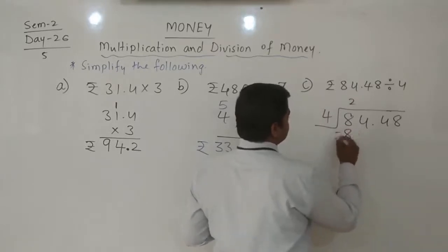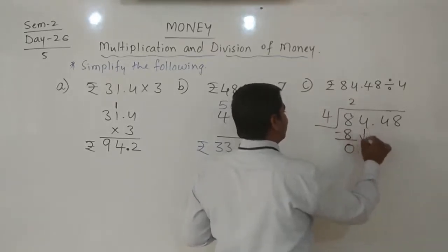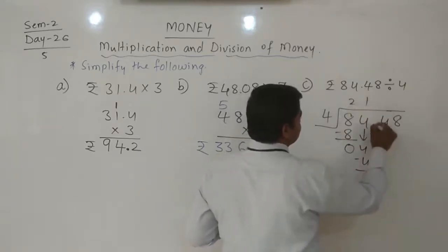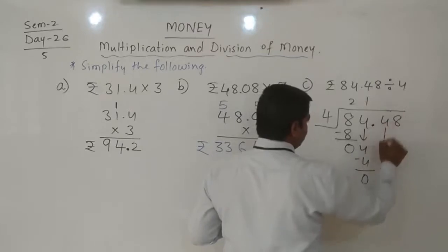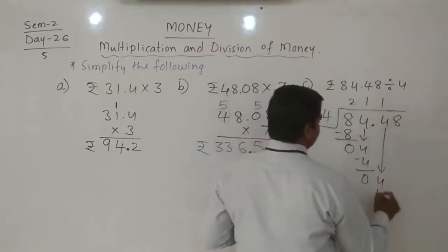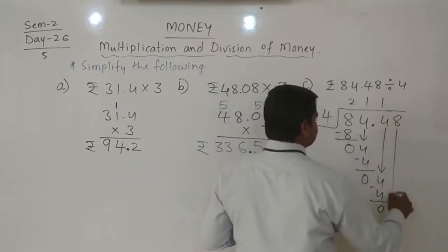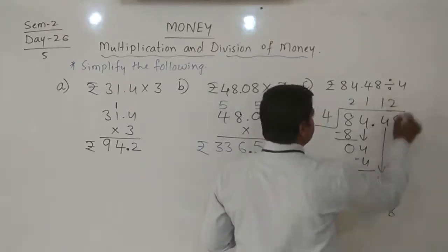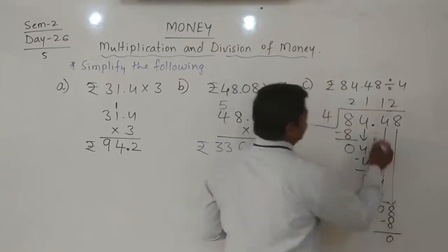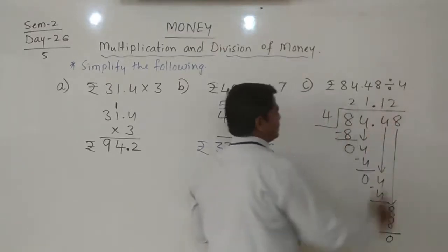Write 8. Then 8 minus 8 is 0. Bring down 4. 4 1s are 4. There is a decimal, but don't bother about that. Bring down the next 4. Again 4 1s are 4. Next, the last digit, 8: 4 2s are 8. Where is the decimal point? Just place it above, in the quotient, right there.